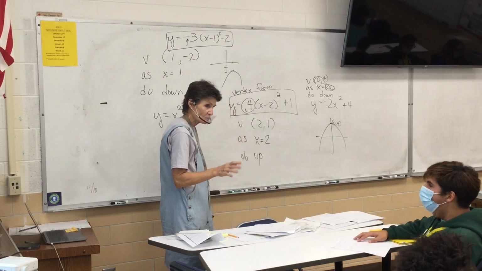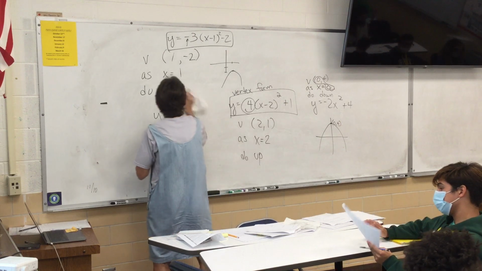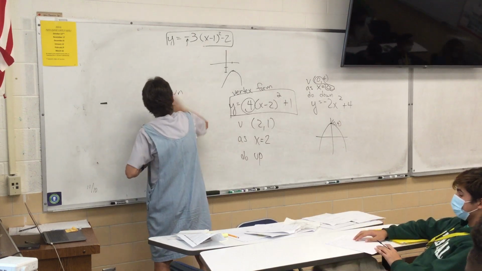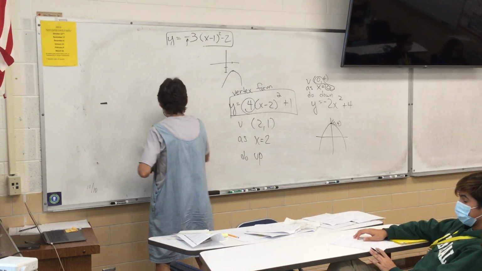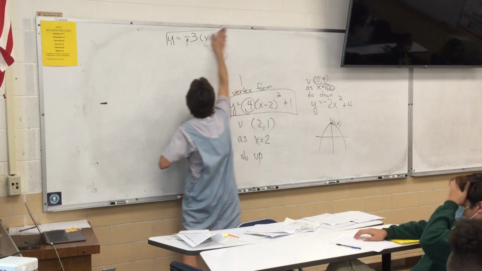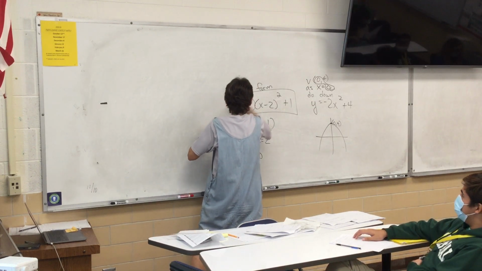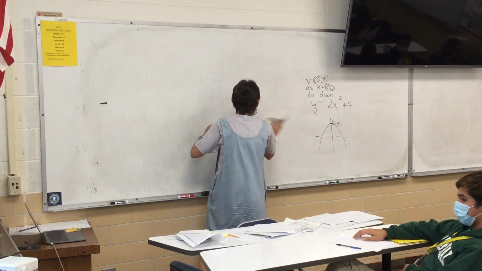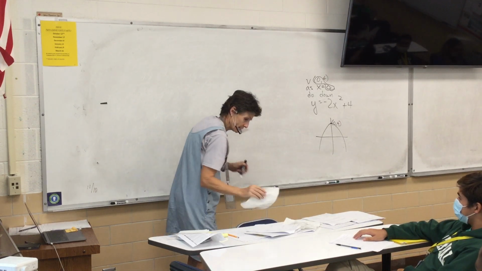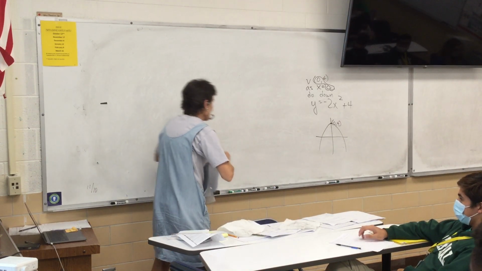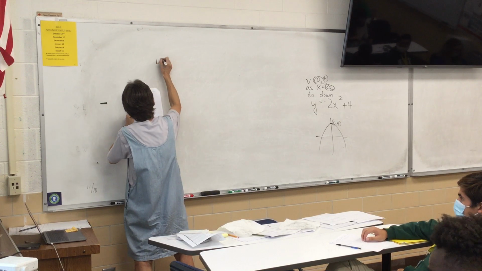Go to page 2, the back of it, and you will be at the right spot. Now, take a look at the equation there in the first problem. Is it in vertex form?